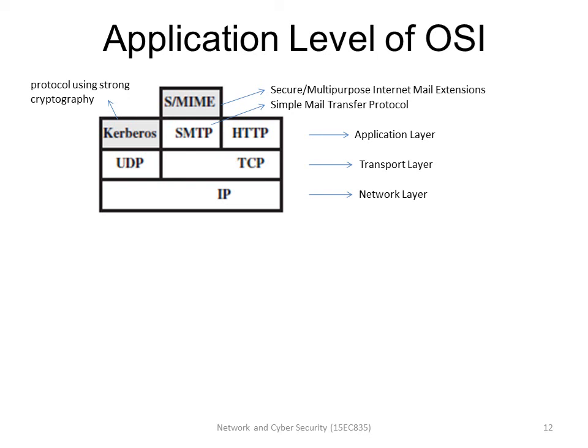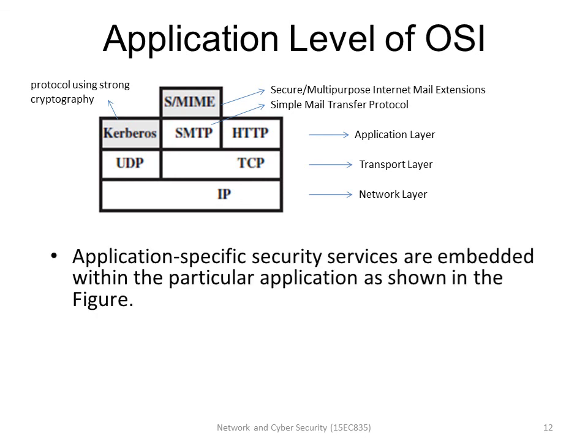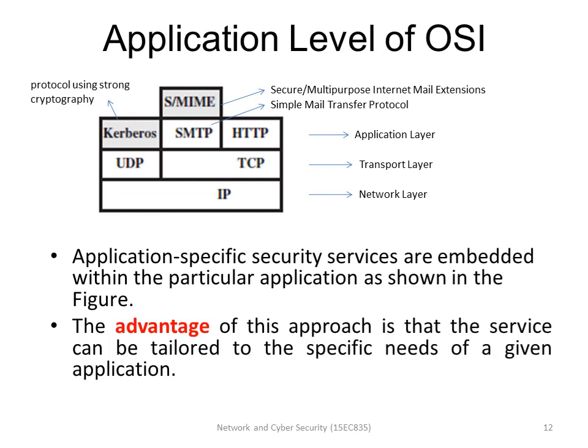So this is at the application layer, where we are going to implement the security. Application specific security services are embedded within the particular application, as shown in the above figure. The advantage of this approach is that the service can be tailored to the specific needs of a given application.